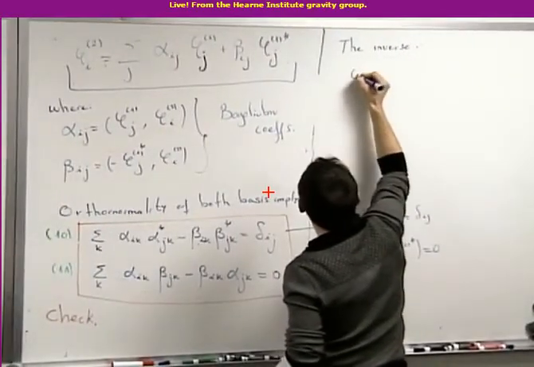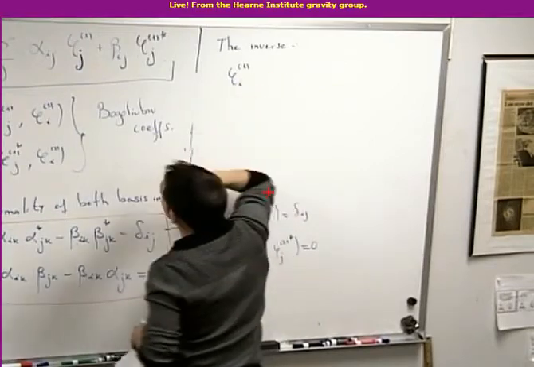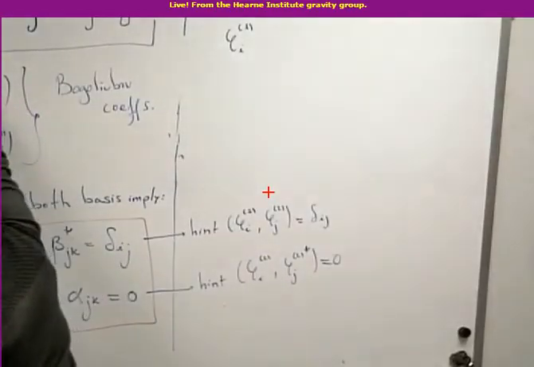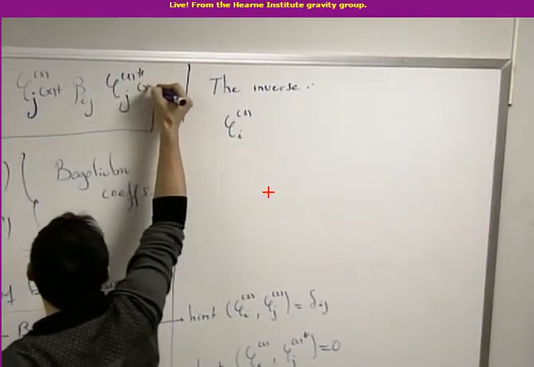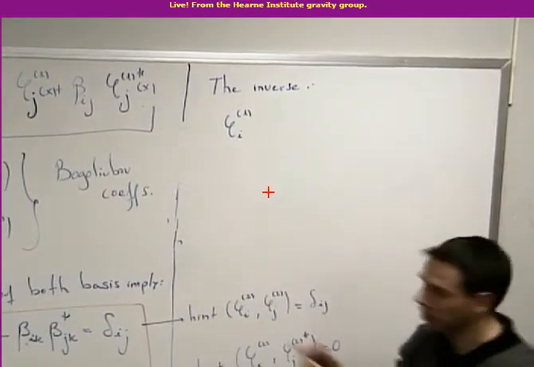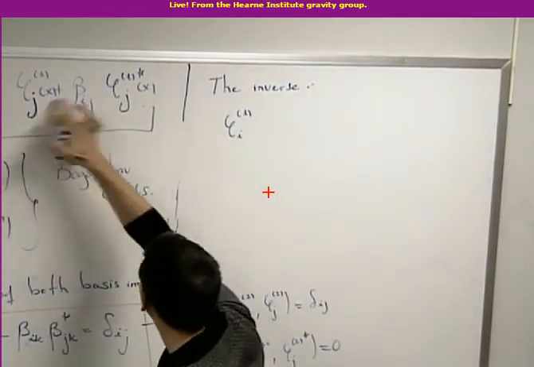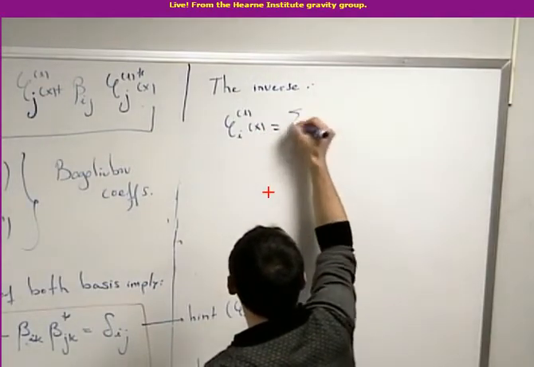The inverse is how to write phi 1. Maybe I should write the x dependence here, here, and here, just to emphasize that these guys are coefficients. They are just numbers. So all the x dependence is here, and there, the same here. So the inverse transformation is the following one.